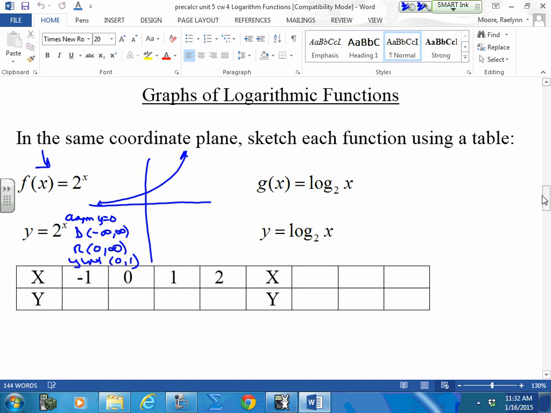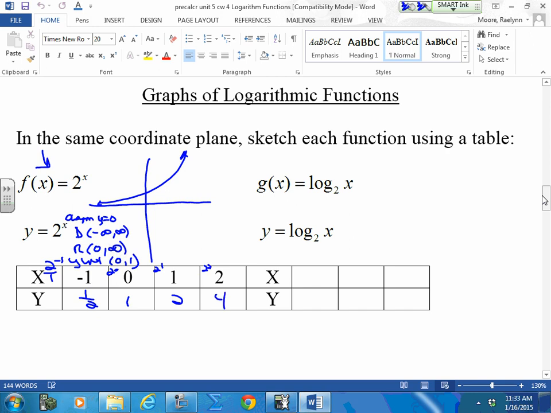So if we put this in your y1, we're going to get 2 to the negative 1. What does that negative exponent do? It turns it positive, but it takes the reciprocal. It inverts it. What does 2 to the 0 do? 1. 2 to the 1. 2 squared. 4.